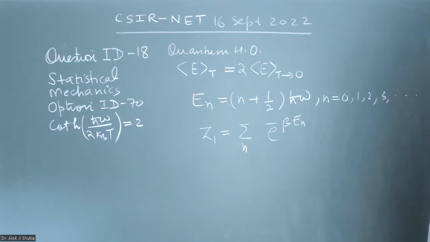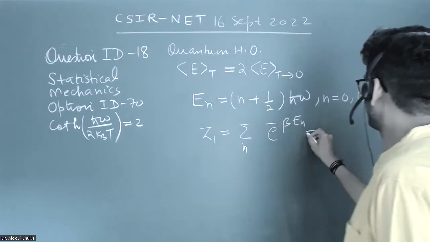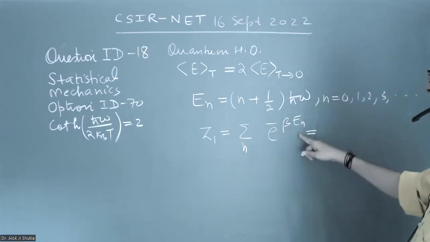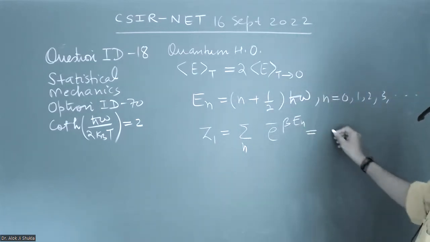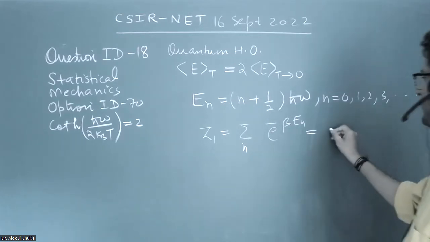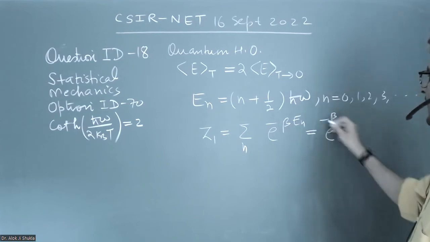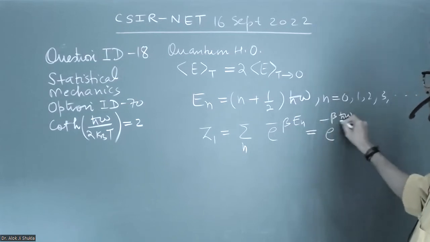Okay, so we have to sum all of them. Let us put the values. The first value will be for n is equal to 0, so we will get e to the power minus beta h cut omega by 2.